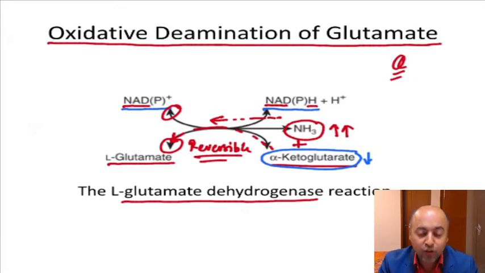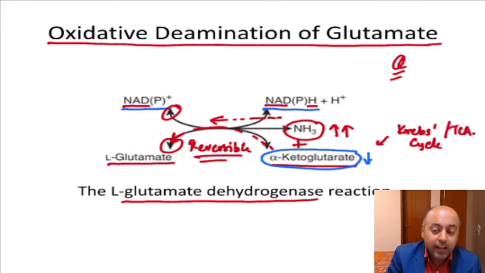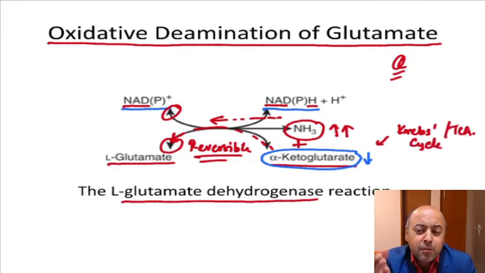So, the problem is when there is lots of ammonia, the backward reaction will become favorable and alpha ketoglutarate will get depleted. This alpha ketoglutarate, as you know, is a part of the Krebs cycle, also known as the TCA cycle, and the TCA cycle is the main source of energy. It is generating the maximum amount of ATP from the different metabolic pathways.